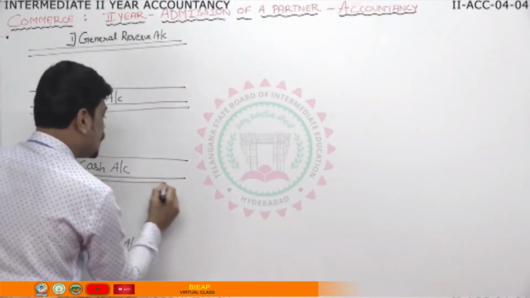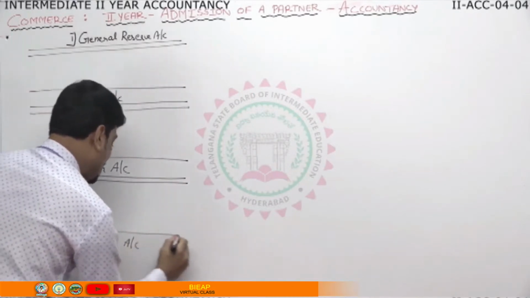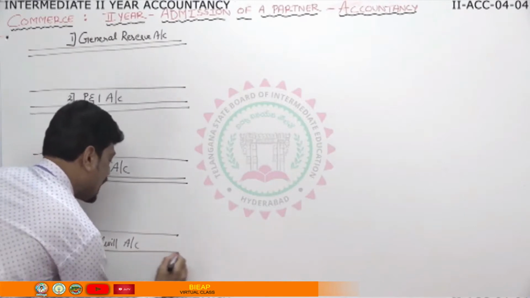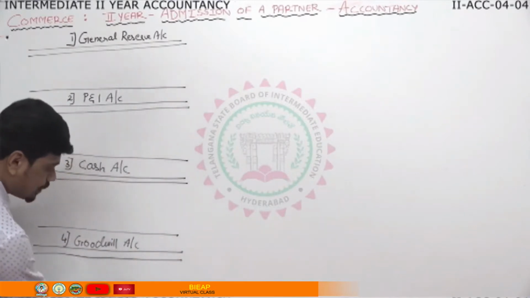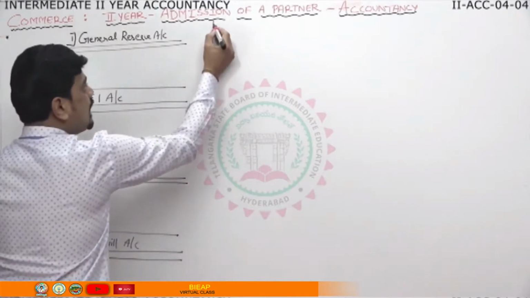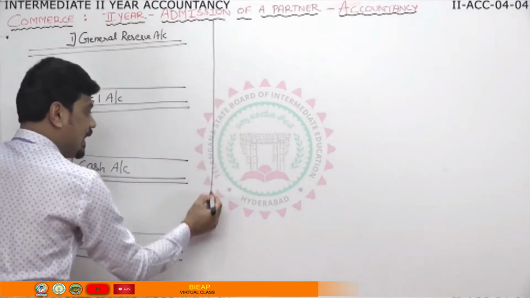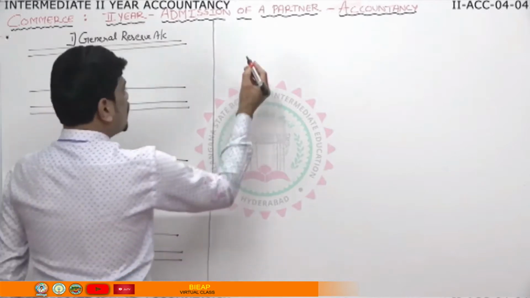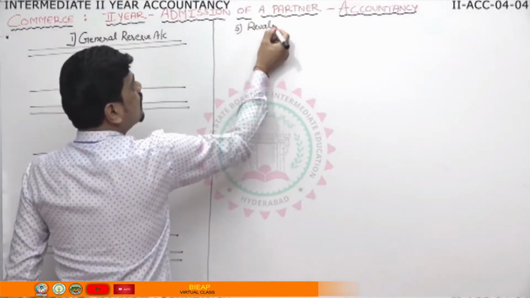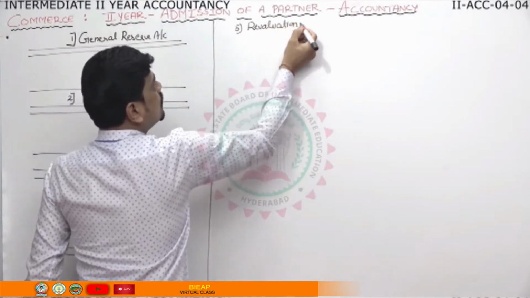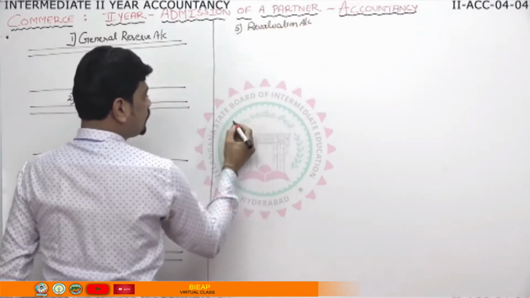The remaining we are going to do on the next page. Simultaneously, you can do the accounts. Say, for example, goodwill account. Now imagine the page is over. We'll go to the next page. Here, number 5, I'll make one revaluation account. This I'll keep a little bit big.